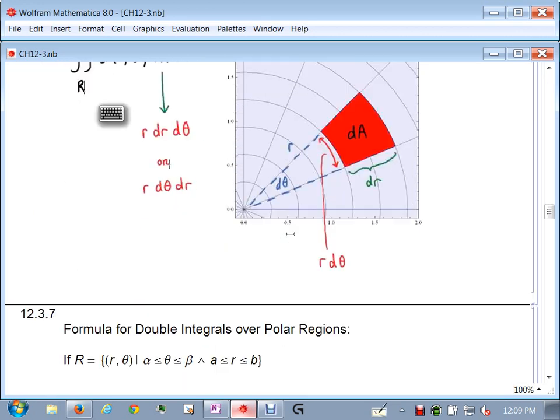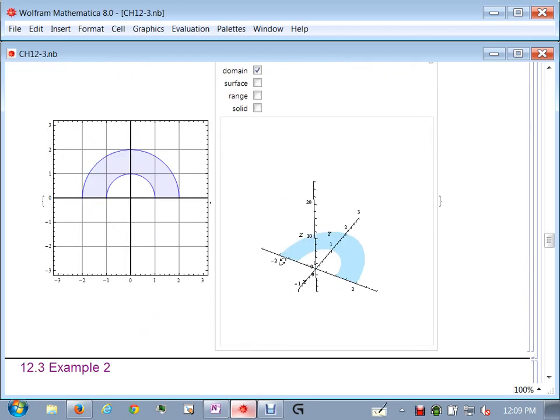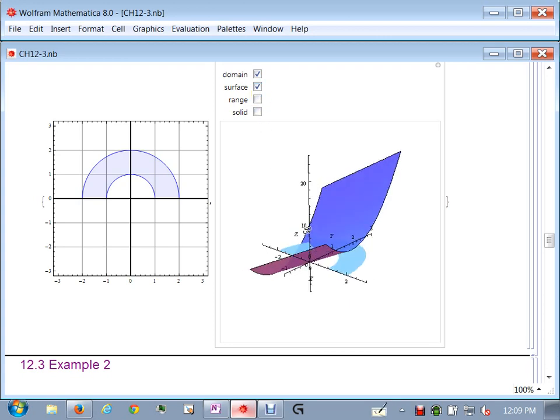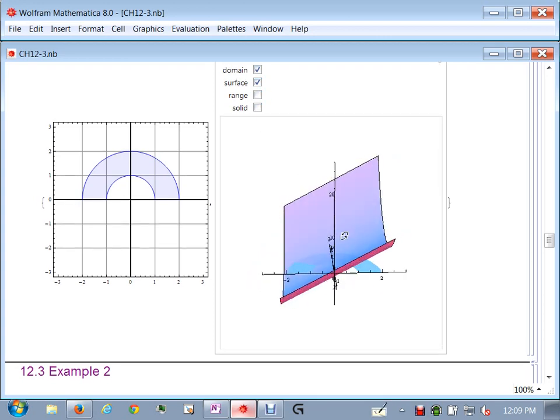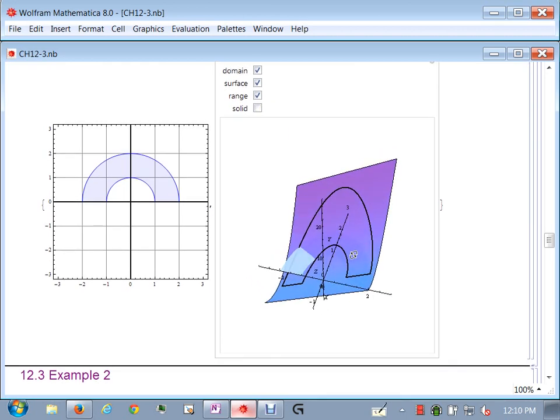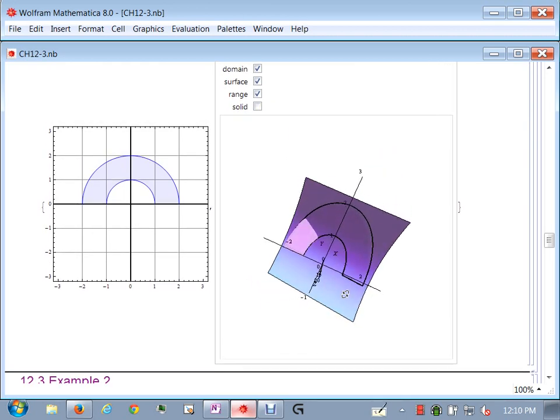So imagine you have a region on the ground. I could ask you for the area of that. But let's imagine above it you have a surface. If you're standing on the ground and you look up into the surface, you see where that thing on the ground goes into the surface.